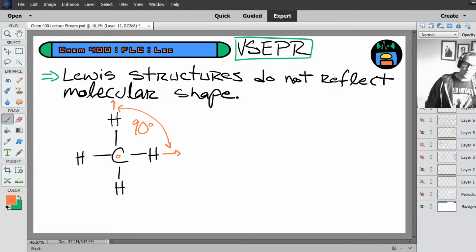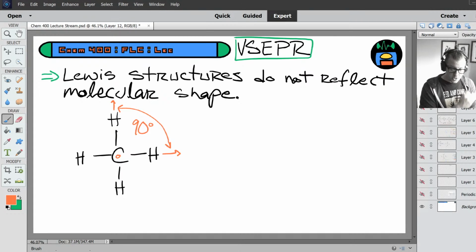Now, why am I talking about these bonds wanting to get away from each other? Remember what a bond is, all right? A bond is two electrons. There's two electrons in every bond. Electrons are negatively charged, and as we know, like charges repel each other. They push each other away.